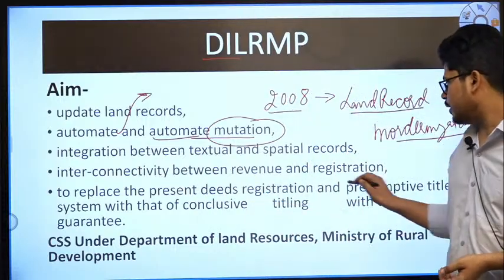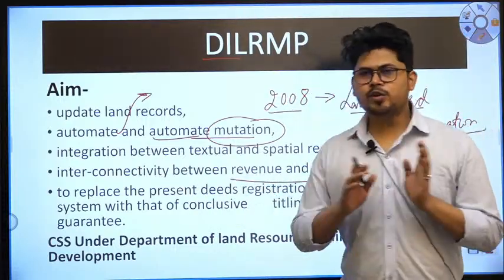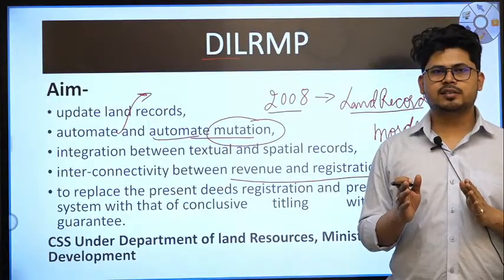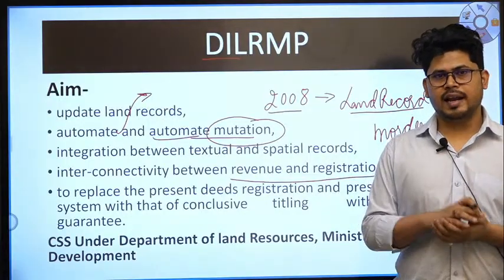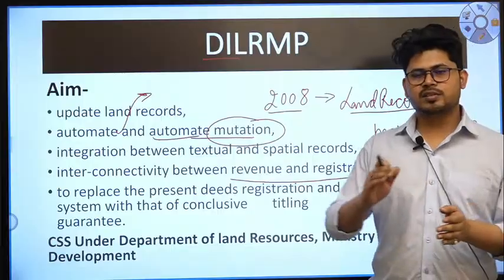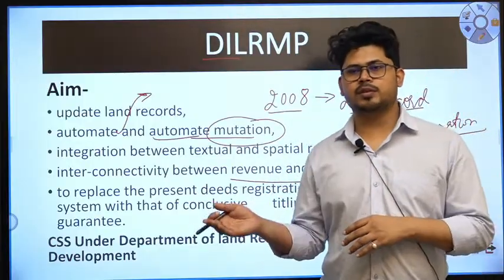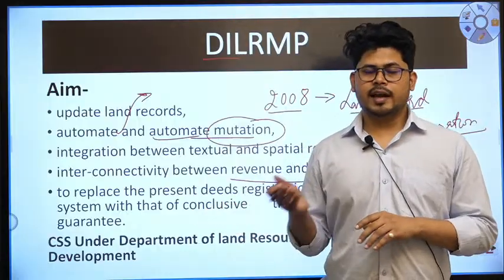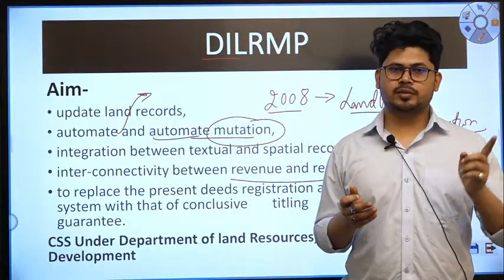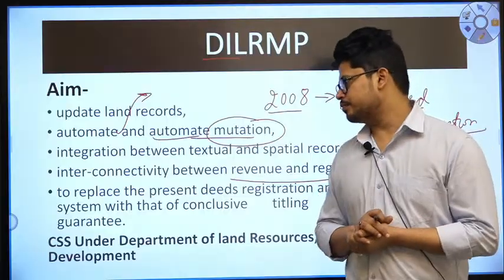Interconnectivity between revenue and registration. How can interconnectivity be created between revenue and registration? Whenever a registration of a land is done in some other person's name, the property tax documents should be allotted to that person. Okay, and the original property tax document that the person was holding should be cancelled.